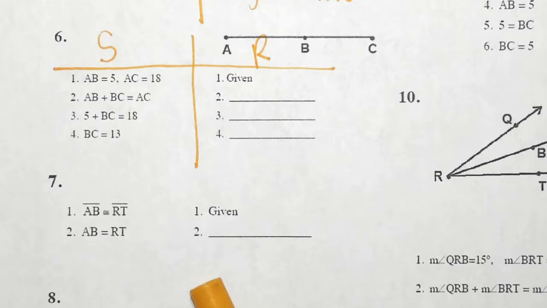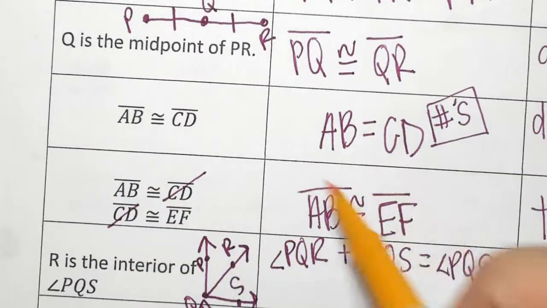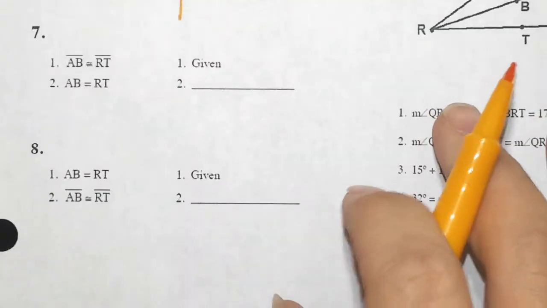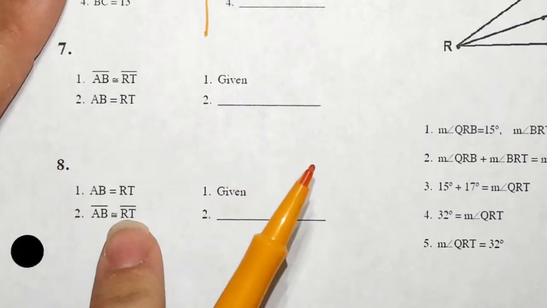Okay, now, 7 and 8 is where you start having to think because it gets a little weird. Earlier on, I told you about the definition of congruency, going from congruent to equals. So that's what 7 and 8 is showing you. You can go backwards and forwards.